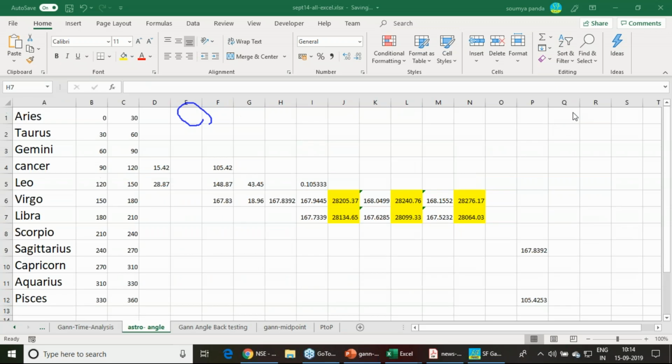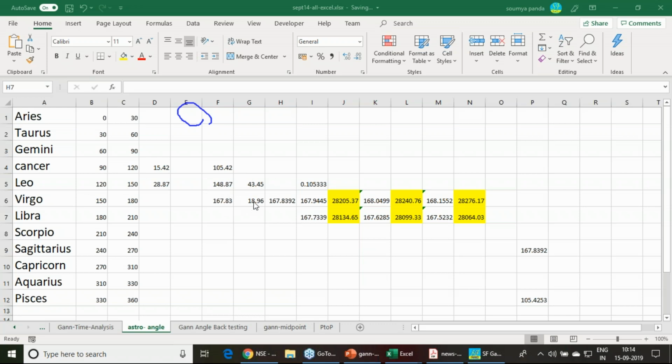Think in that way. Suklaji asked about the Bank Nifty. I took the square root of the Bank Nifty future. It has come to 167.83. It is in Virgo. Virgo means it is 17.83 degrees of Virgo. My sun position for Monday is at Leo, at 148.